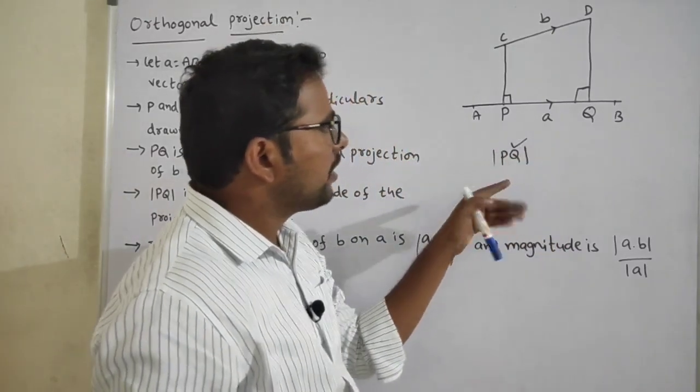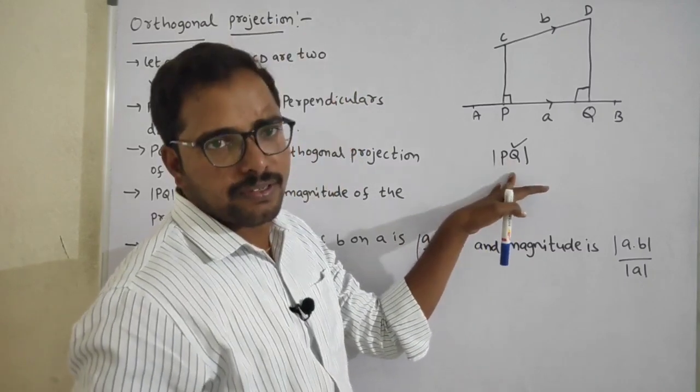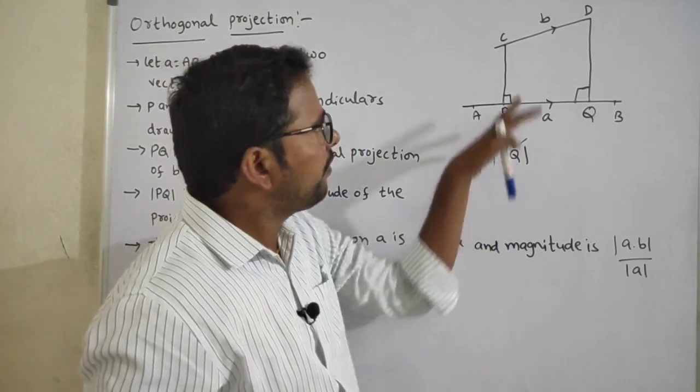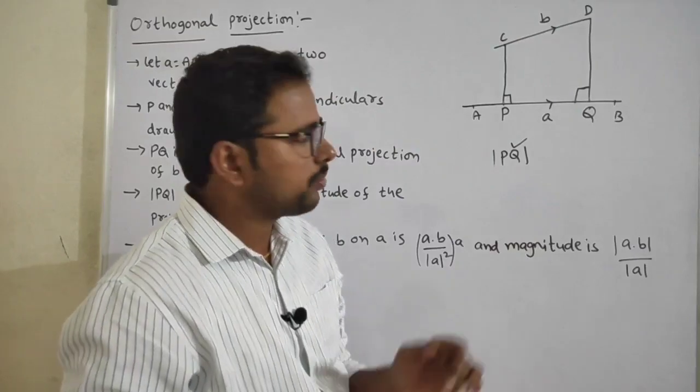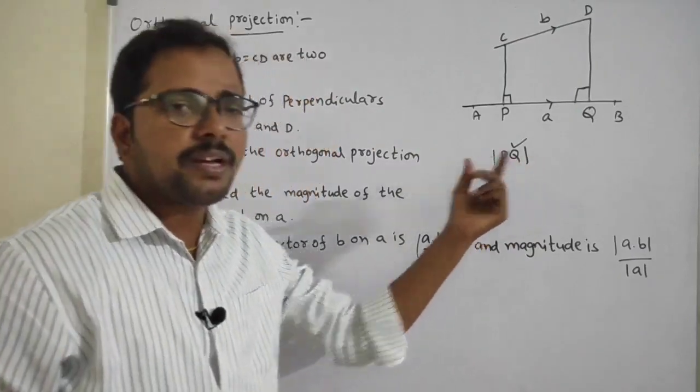Modulus PQ is called the magnitude of the projection of B on A. So this is the magnitude of the projection.